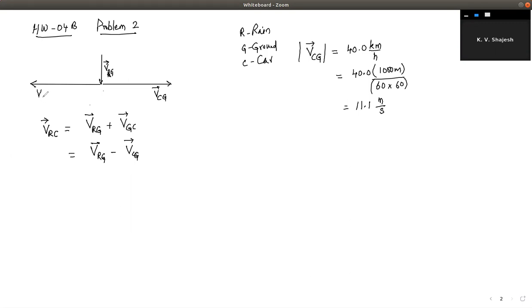So that's velocity of the ground with respect to car. So this line here will represent velocity of the rain with respect to car.